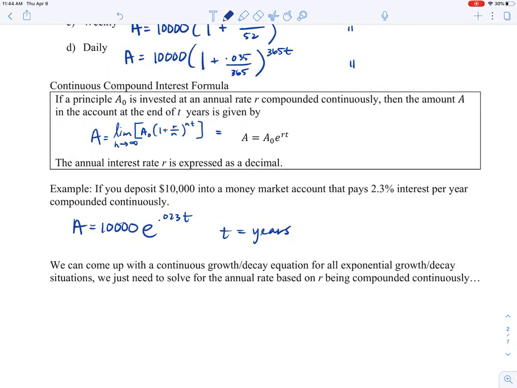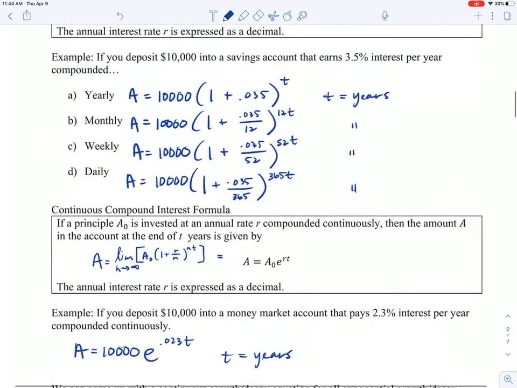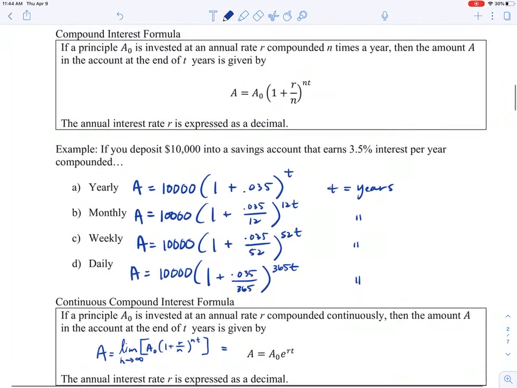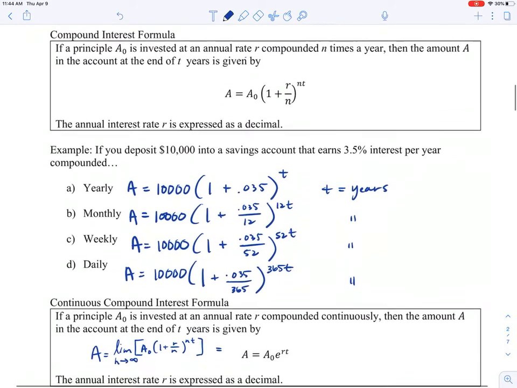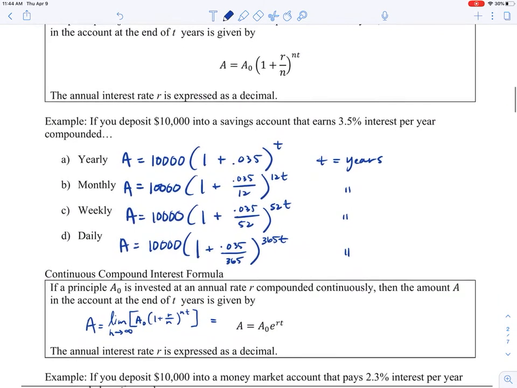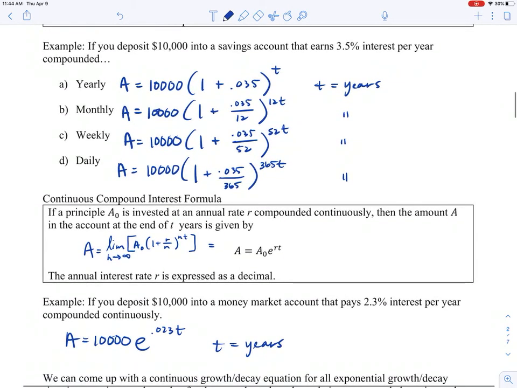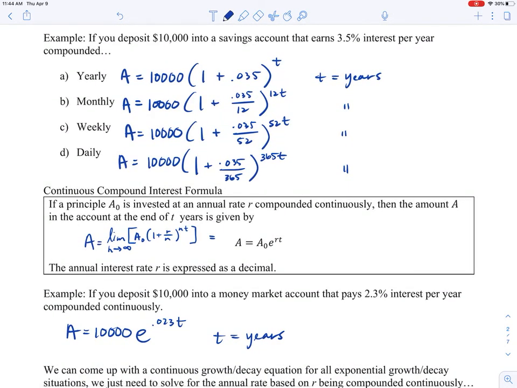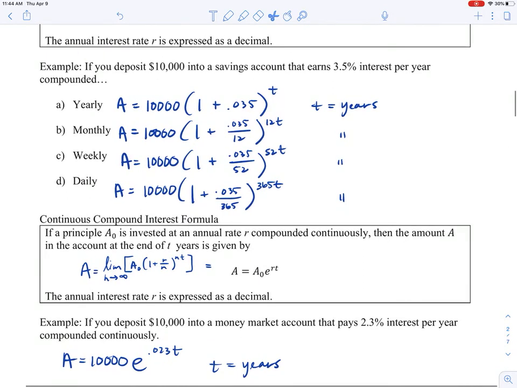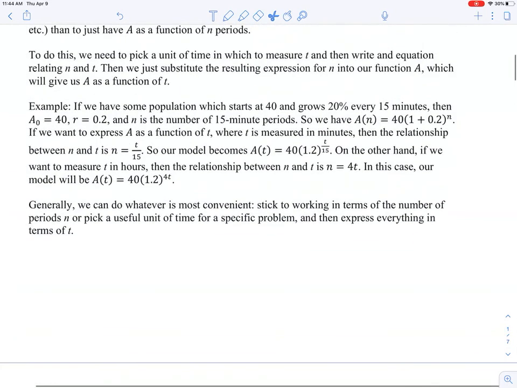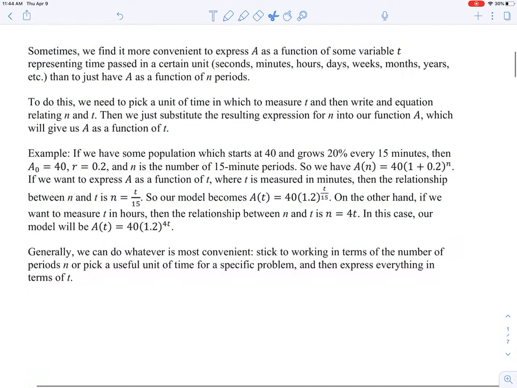Like, let's say we go back to this situation. So if we deposit 10,000, well, no, that one would be too easy.